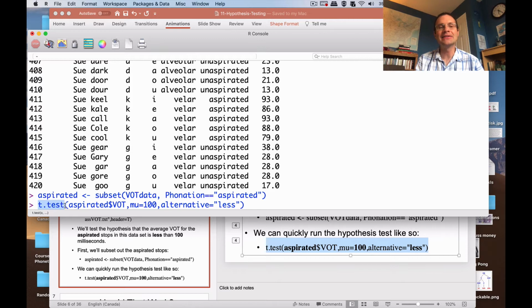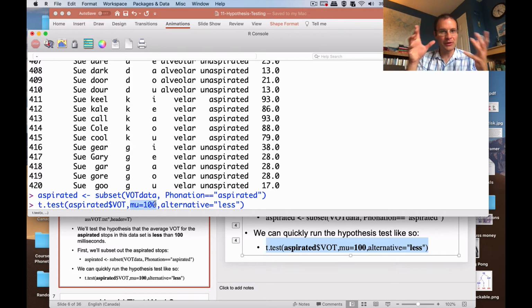It's t.test. And then you have a variety of different parameters that have to go within the parentheses here. And hopefully this should make a fair amount of sense based on what I've just been talking about. But aspirated$VOT, I'm just going to look at the VOT values for the aspirated stops in this data frame. Then mu equals 100.